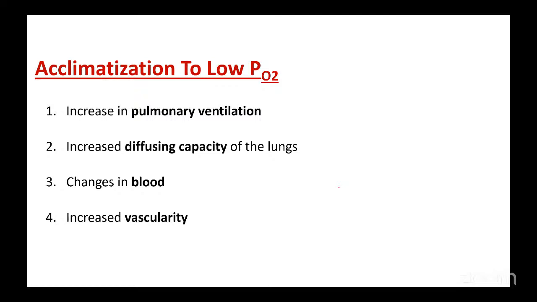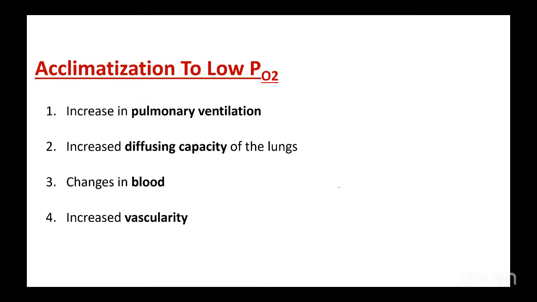One, the pulmonary ventilation increases. Then the diffusing capacity, not only the ventilation, how much air is diffusing through the alveoli and reaching the other side. That diffusing capacity by itself is going to increase. There are certain changes in the blood that favor better transport of oxygen, like hemoglobin and PCV, all that. Then, apart from that, there will be more blood vessels.